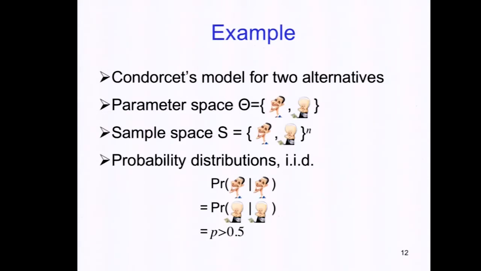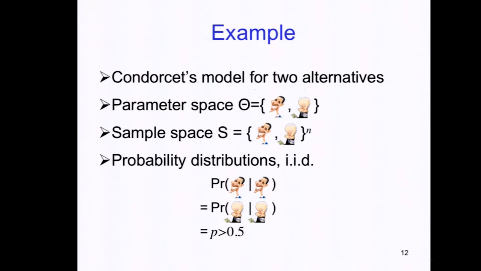Okay, examples. In the compensatory setting, we have two types of ground truths: Obama is the correct winner, and McCain is the correct winner. So the parameter space has two candidates, and the sample space has IID votes. Each of them either votes for Obama or votes for McCain. The probability distribution says that, given the ground truth is Obama, the correct way to specify is to move Obama to a subscript, but let's pretend to be Bayesian.